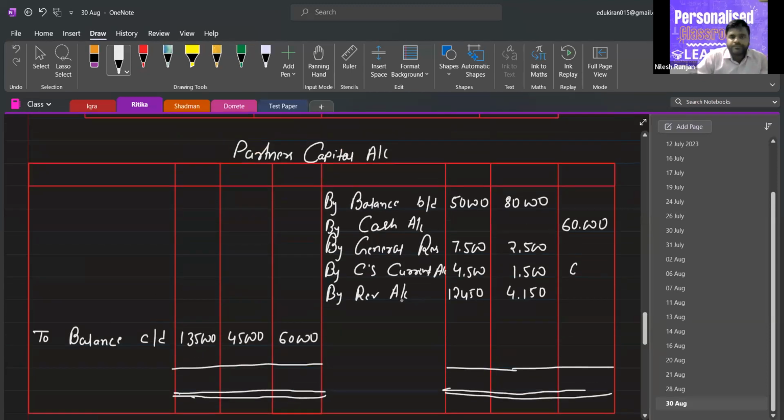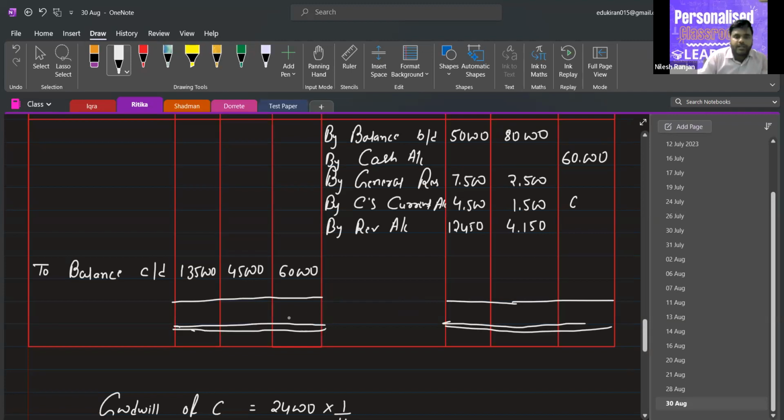Okay. So I think for A, the debit side is more. For B, the credit side is more. And for C, it is equal on both sides. So 80,000, 88,150, 88,150, 1,35,000.